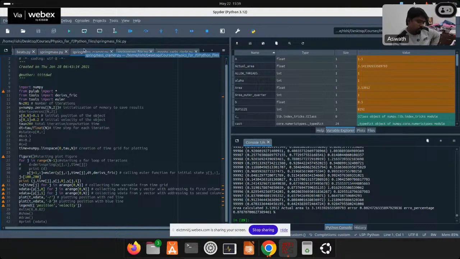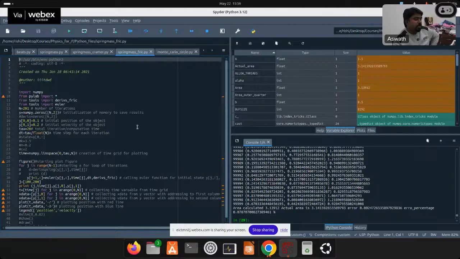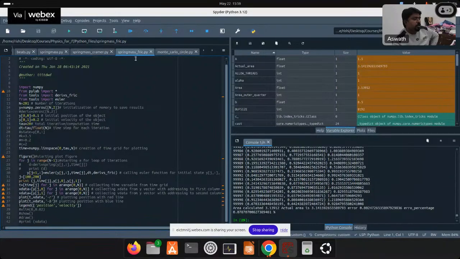The integration part itself would take one full 2-hour session. If Pillai sir can squeeze in 2 hours for us, then I can explicitly show how to write a particular code: tools, then a derivative function, Euler function, RK2, RK4 functions, all those things.